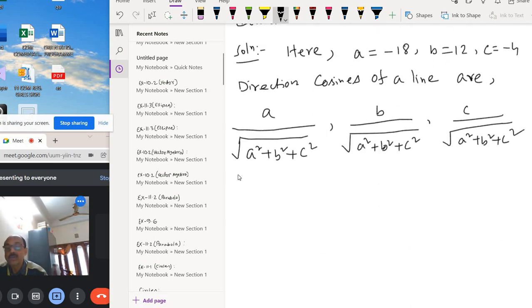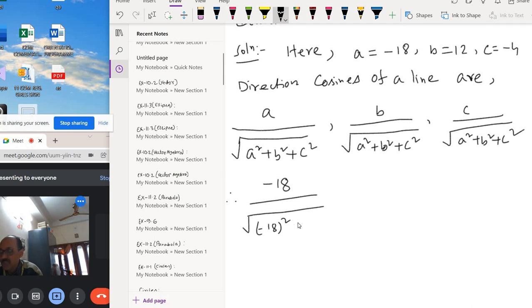So a equal to -18, so -18 by under root -18 square plus 12 square plus -4 square.